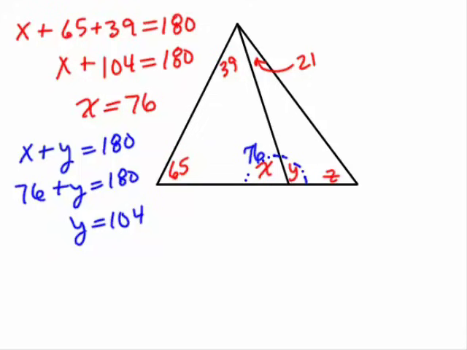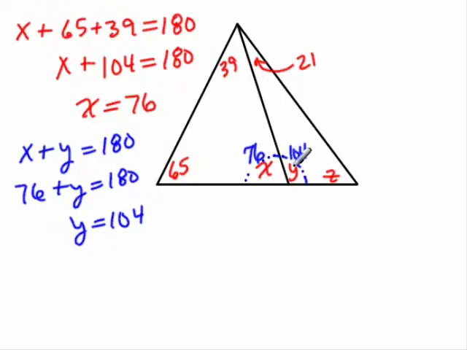And lastly, angle Z. Angle Z is in this smaller triangle here. And if we notice, we have a 21-degree angle, angle Z, and angle Y, which is now 104.